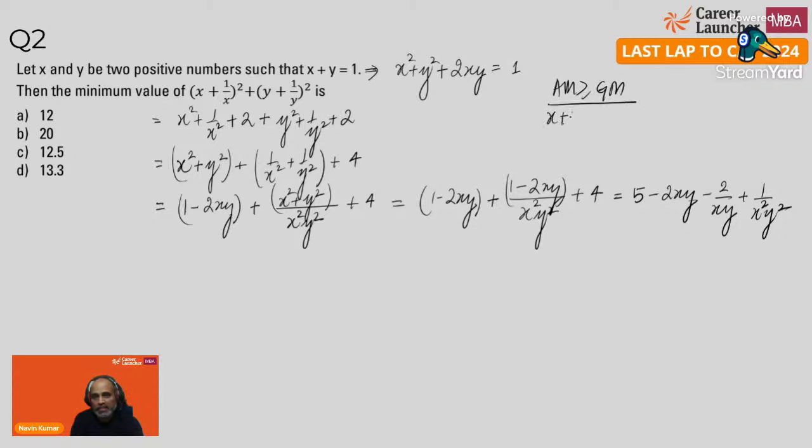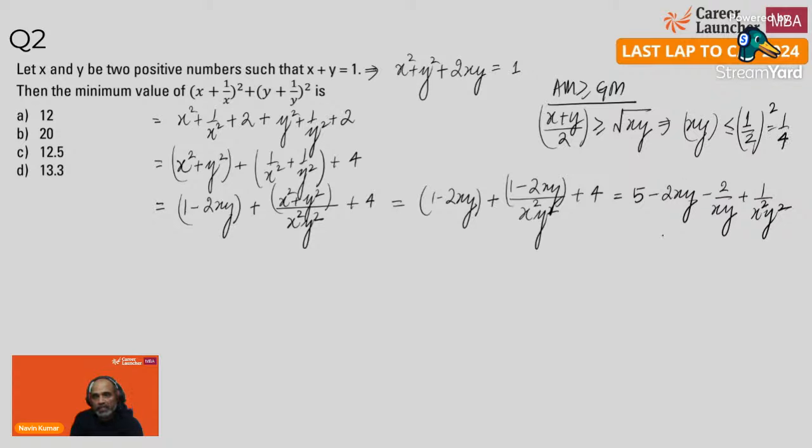So we can say that the arithmetic mean of x and y is going to be greater than or equal to the geometric mean of x and y. So this is going to give us xy should be less than or equal to (x plus y by 2) whole square, and x plus y is something we are already aware of, which is 1. So this results in 1 by 4.